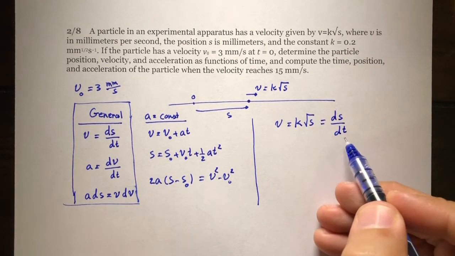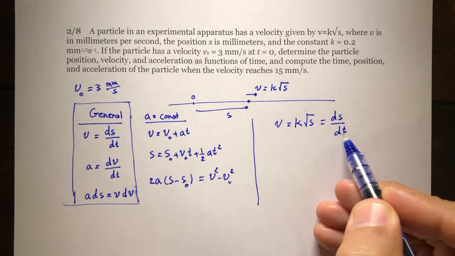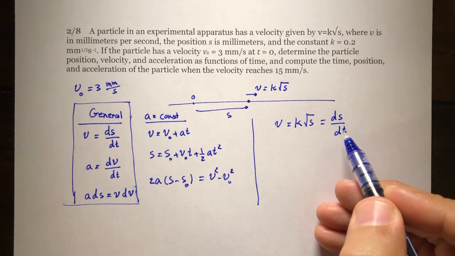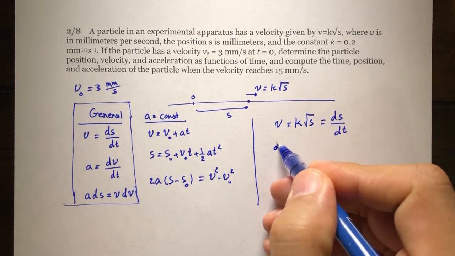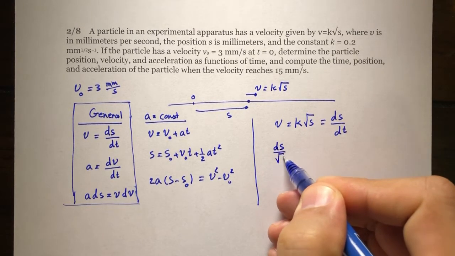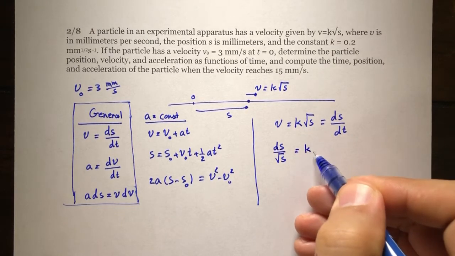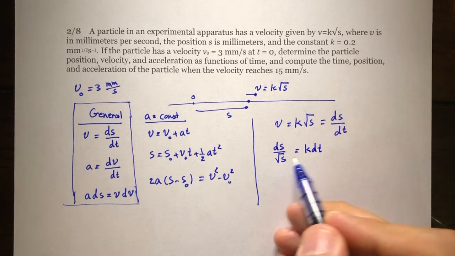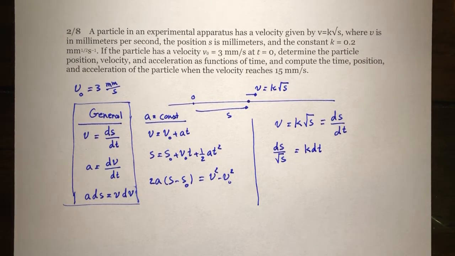Now, if you look at this equation, we have only s and t in it. And I can separate these two variables. I'm going to have ds divided by root square of s is equal to k times dt. And after separating the variables, you can easily integrate this equation, right?